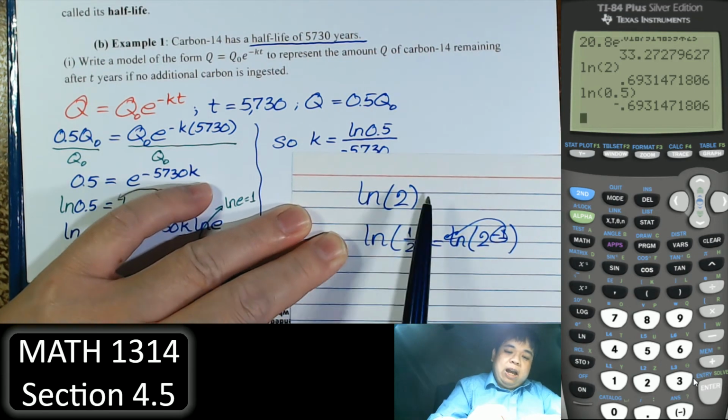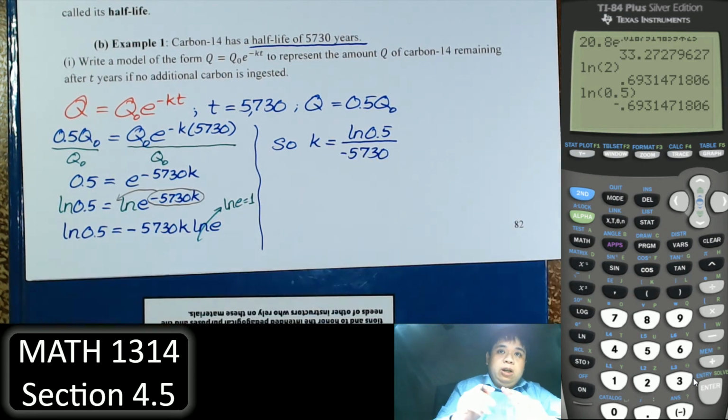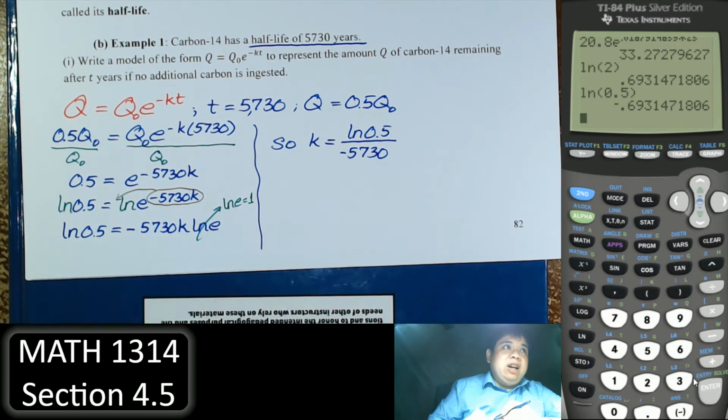So that's why ln of 2 and ln of 0.5 are just different by the negative sign. So anyway, we have ln of 0.5 divided by negative 5,730. So I'll have that.